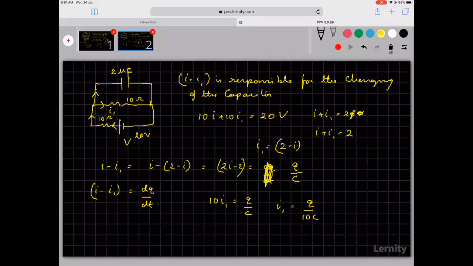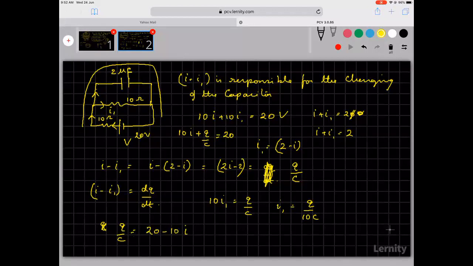And if I go the long route, then I'll see that 10 times I plus Q by C is equal to 20. So Q by C is equal to 20 minus 10 times I.